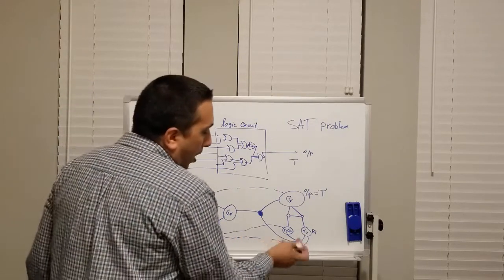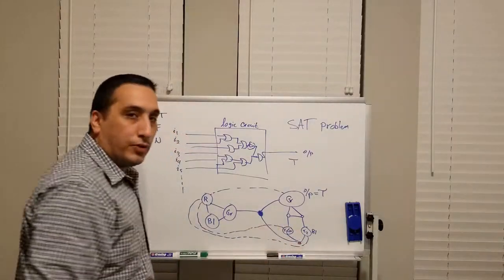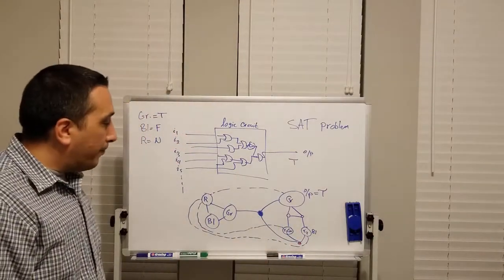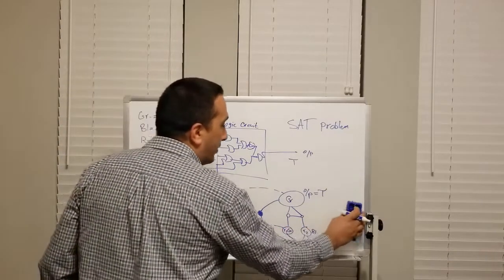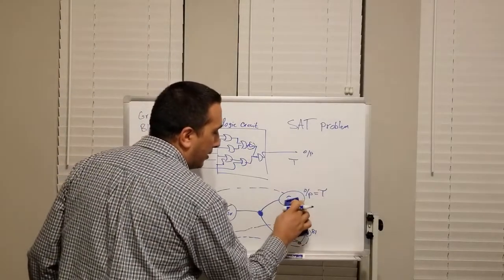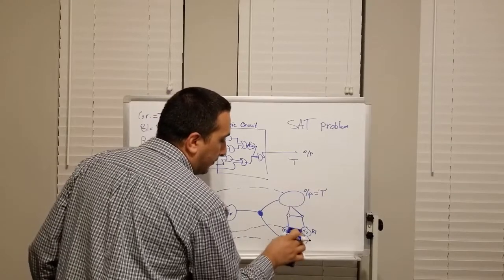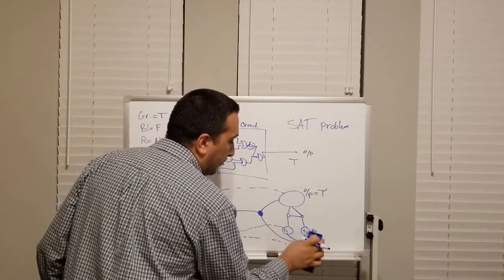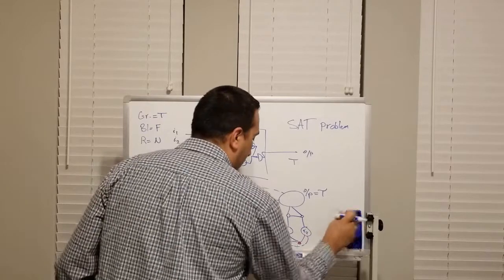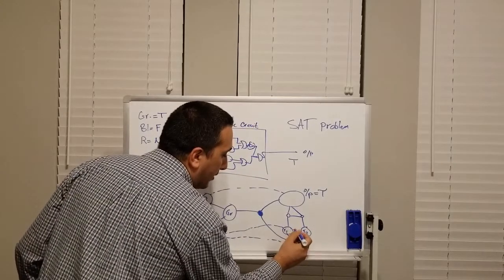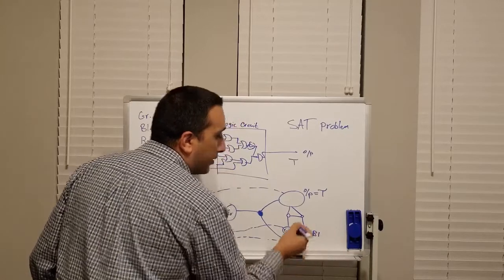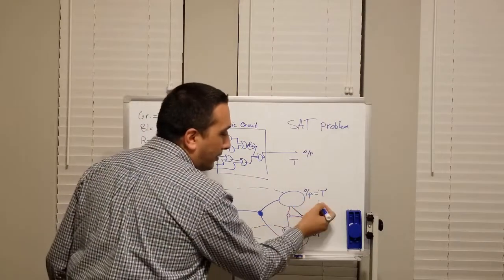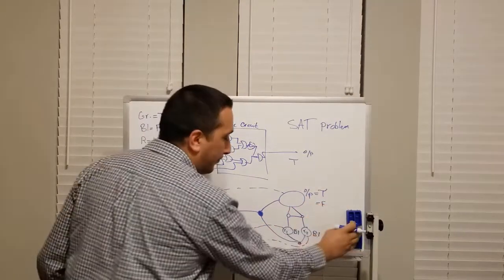Well, now how about if we have I1 and I2 both assigned blue, which is false? Let's see how this diagram behaves. So if this is blue, that means it's false, and this is false as well. So the expected output is actually going to be false, right?